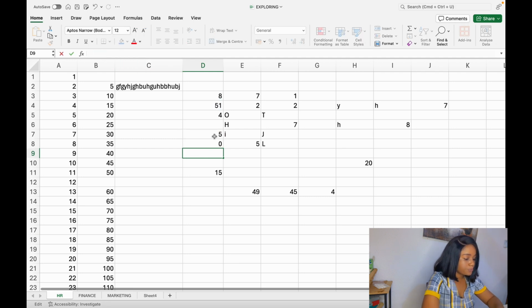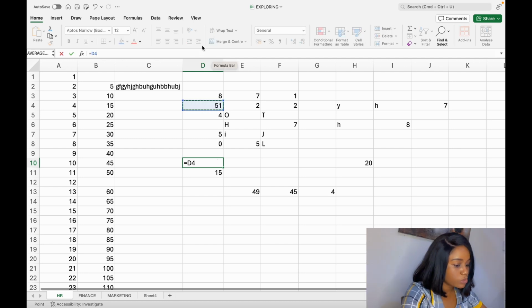I'm going to pick cell D4 and cell D7 and multiply them and put the results in cell D10. So I make cell D10 active. Writing in my formula bar, I'm going to have D4 times, and when it comes to multiplication, we use the asterisk symbol, which is on my keyboard on the number 8.